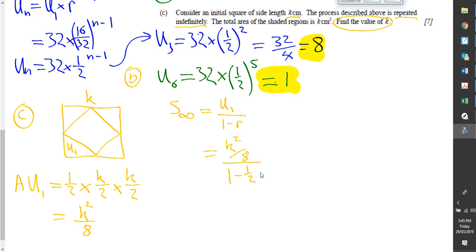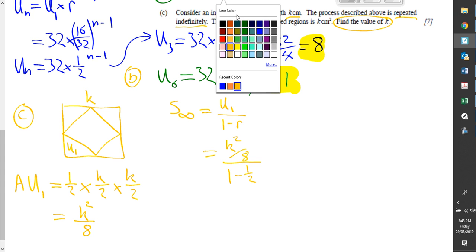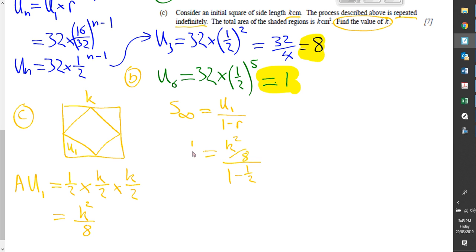So this infinite series is actually k, so k is equal to that. If we simplify that, we'll end up with k is equal to k squared over 8 divided by 1 minus a half, which will be a half.